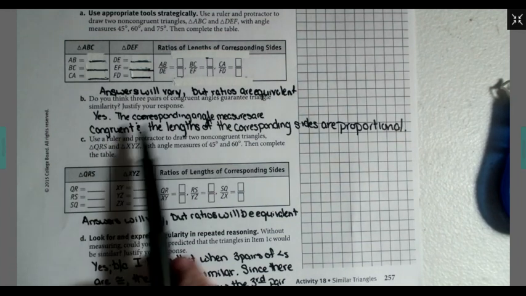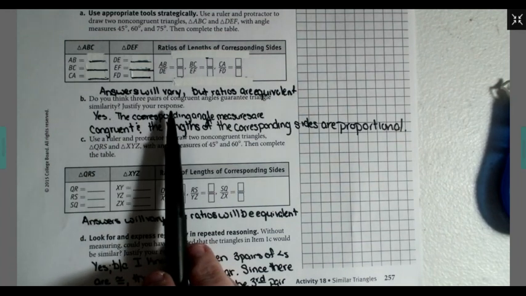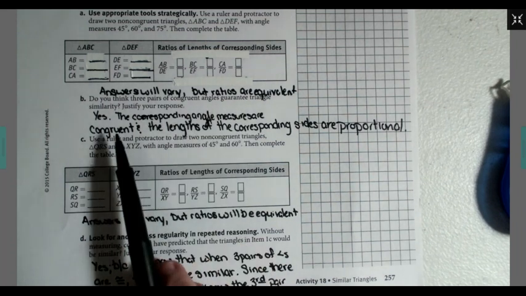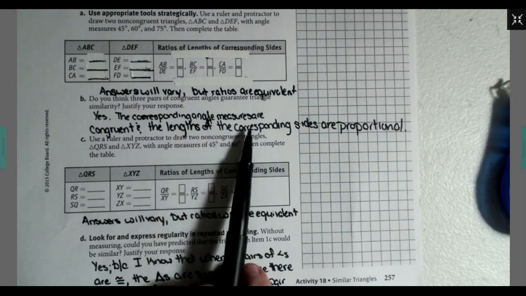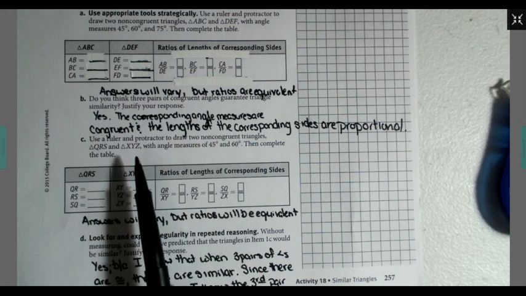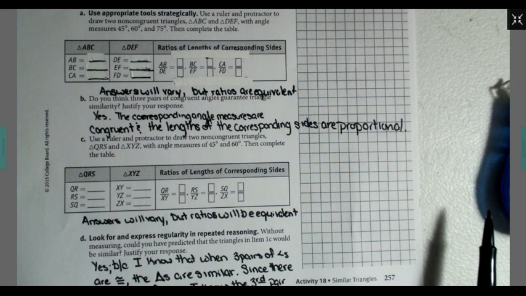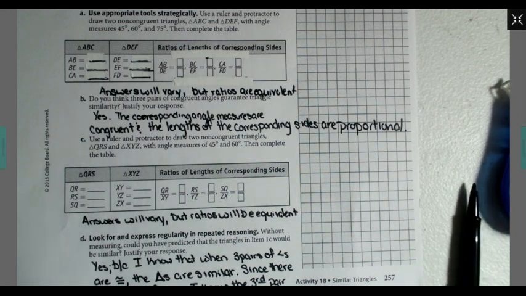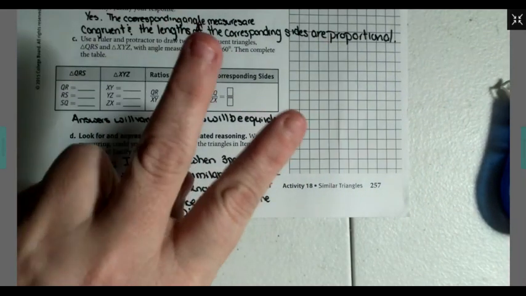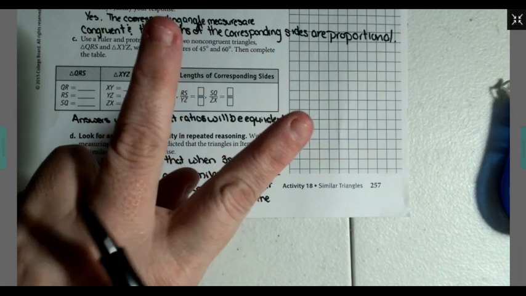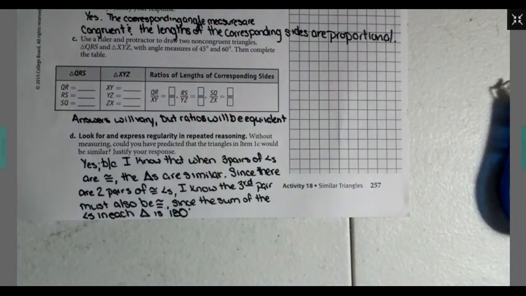It says, do the 3 pairs of corresponding angles guarantee the triangle similarity? Yes. Corresponding measures of the angles are congruent, and the lengths of the corresponding sides are proportional. Now, part C tells us let's only use 2 congruent angles from one triangle to the other. Can we prove that the triangles are similar?